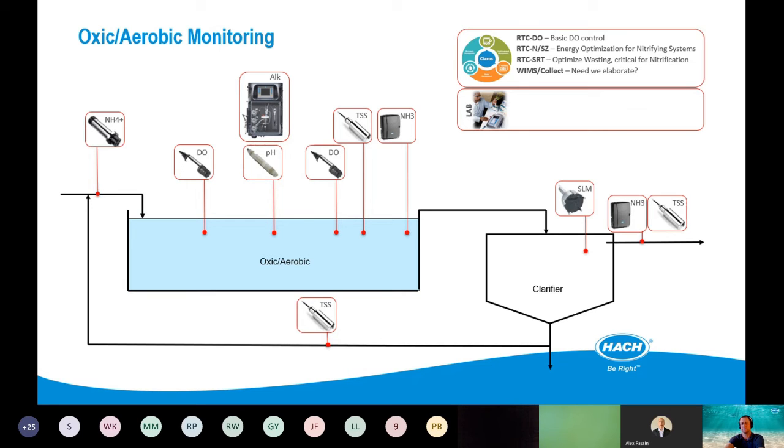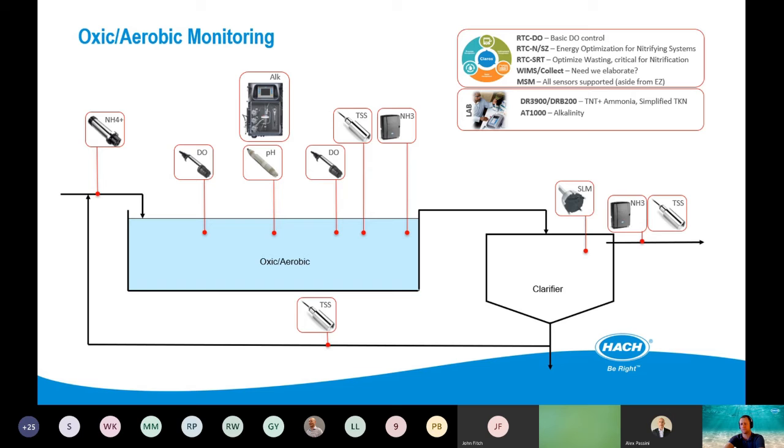The SCADA system and the laboratory, we're getting all this data from various places, and having it all in one place in a way that's really easy to see and understand can all be captured with the Hach WIMS collect system. The WIMS is our data management system that takes so many different locations where data might be kept or managed and brings it into one location so that the data can be manipulated and managed in a clean and visual function.